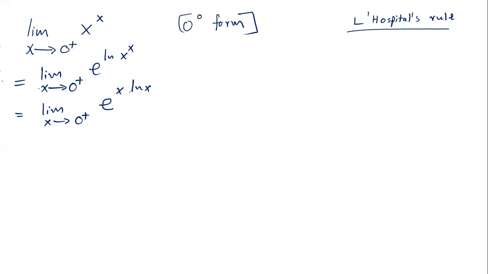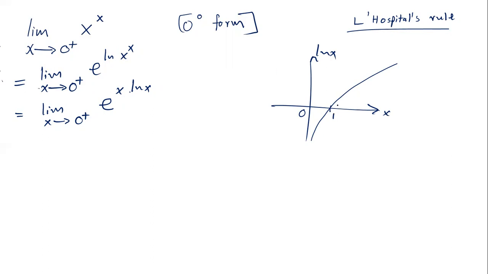When x goes to 0, this x goes to 0. When x goes to 0 from the positive side, what happens to ln x? Now you know the ln x graph, which looks something like this, with 1 here.